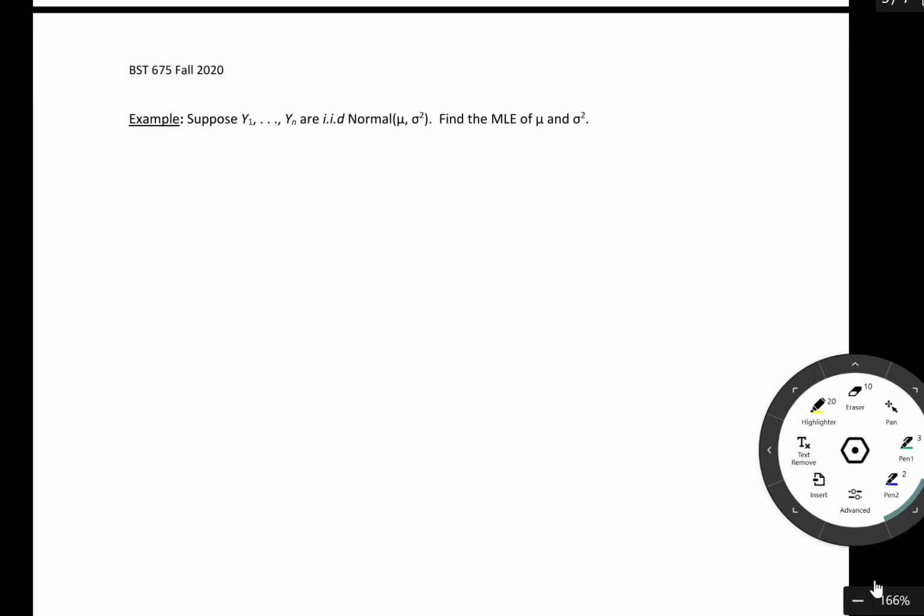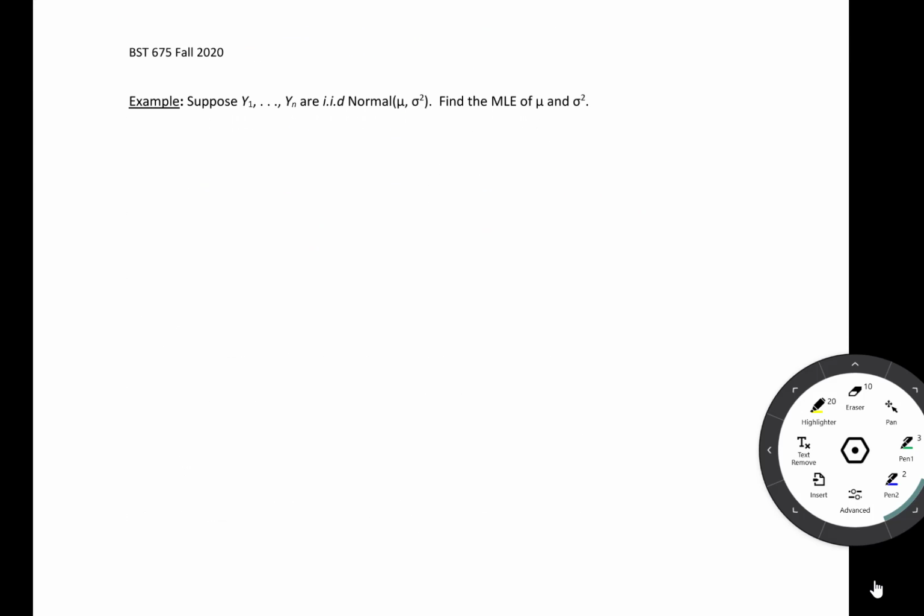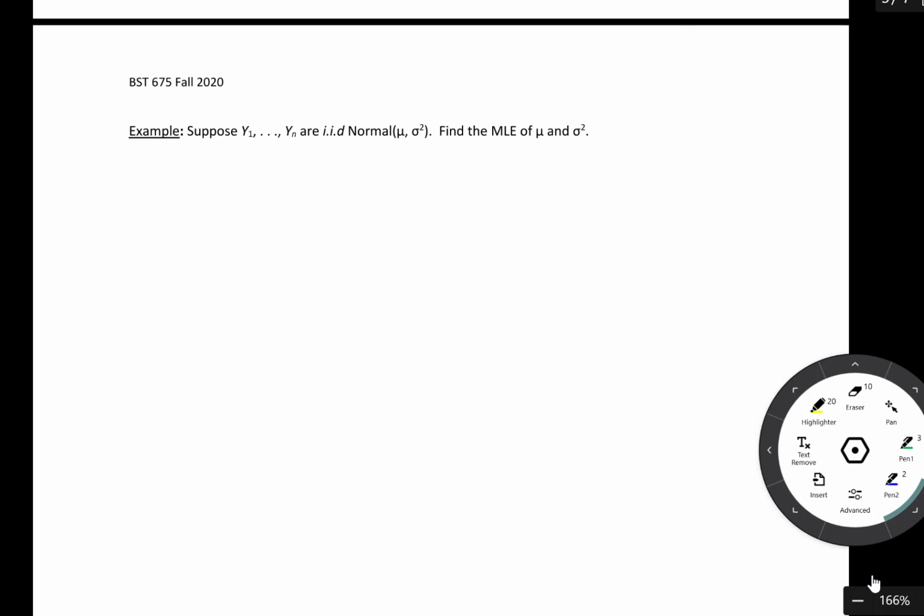All right, but let's look at another one where we could nicely find what the MLEs are. This one's an important example because it is the MLE of mu and sigma squared. So let's see what we get for the MLE of mu and sigma squared. We're going to start out by writing out our likelihood function.